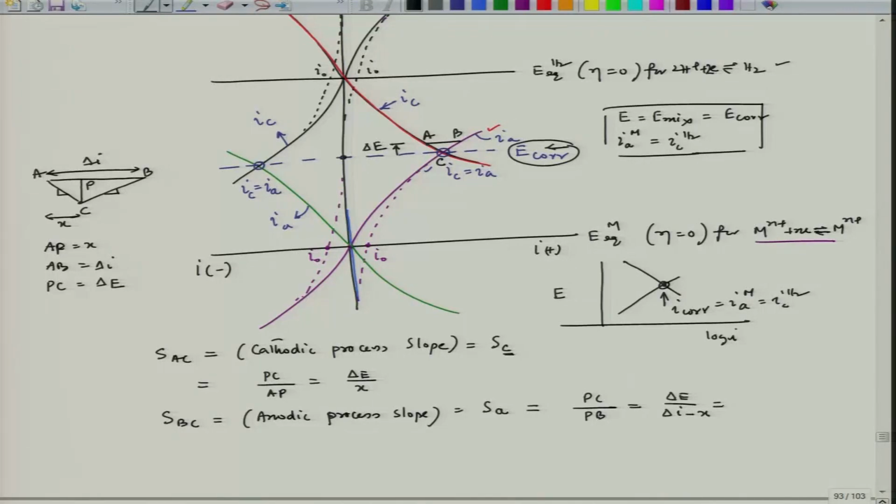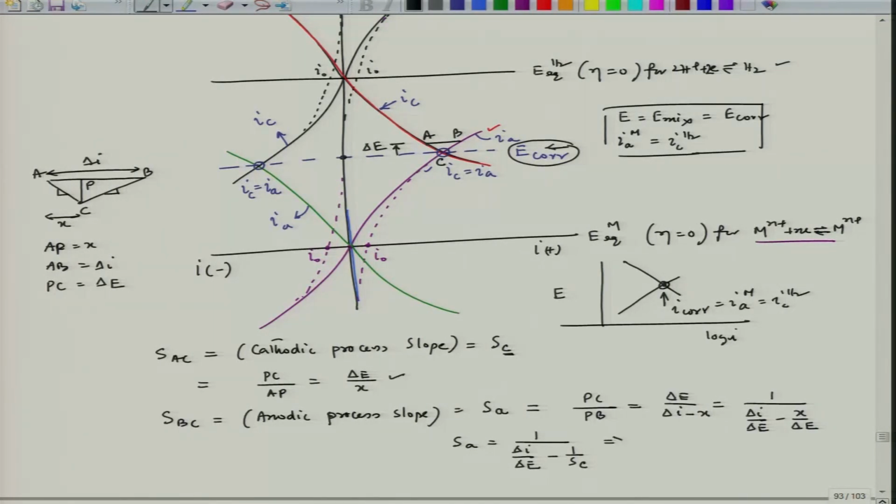So, I can do a little bit of juggling. I can write 1 by del I by del E minus x by del E, and we see that this is nothing but SC. So, I can write SA equal to 1 by del I by del E minus 1 by SC.